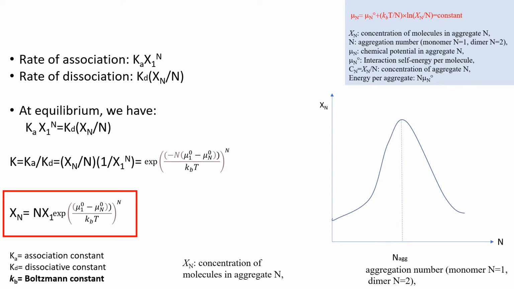By plotting the concentration of molecules in aggregate N against the aggregation number, we can find the maximum, the aggregate N_agg, which represents the highest number of molecules per aggregate.